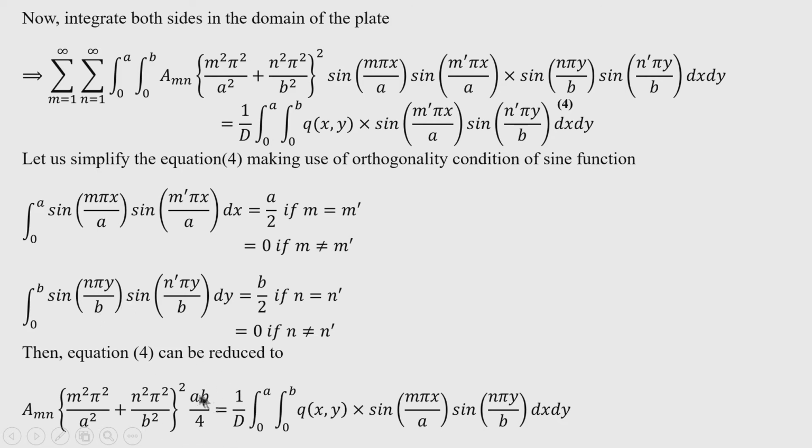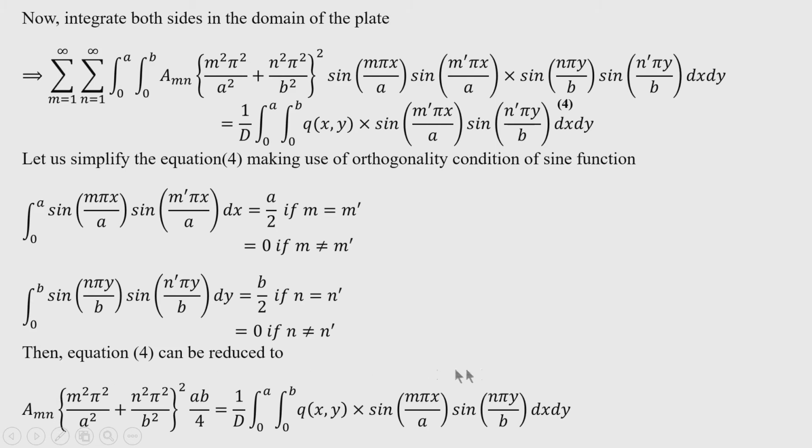The right hand side remains as it is, 1 by d times the integration from 0 to a and 0 to b. That integration is not completed, because it depends on the nature of the function q x y; only then can you integrate. So, q x y is here, and the term sin m pi x by a sin n pi y by b dx dy is here. Here m and n are integers.